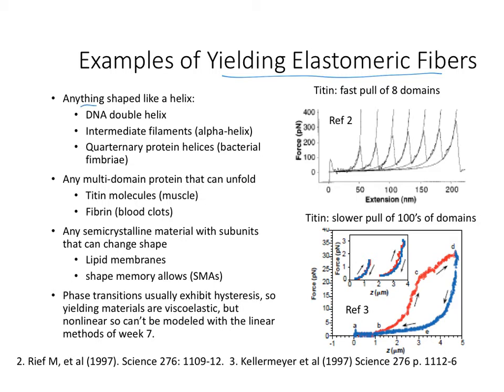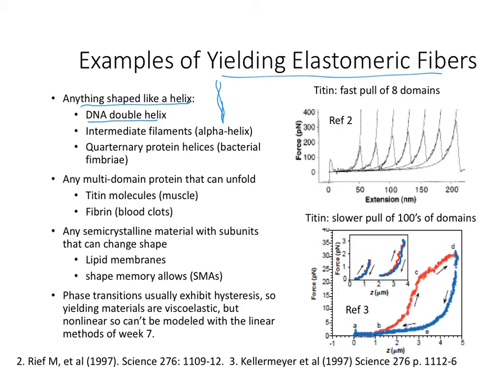So anything that's shaped like a helix generally has yielding elasticity, although the length of that yielding phase will depend on how much the fiber elongates when it undoes the helix. So a DNA double helix is a fairly shallow helix, or a fairly long helix, that only elongates a little bit at the phase transition, but it does undergo one.